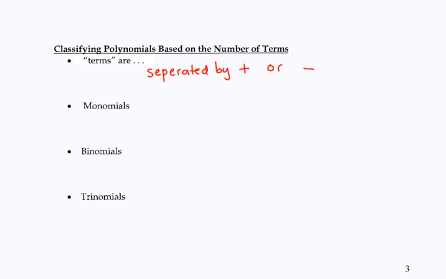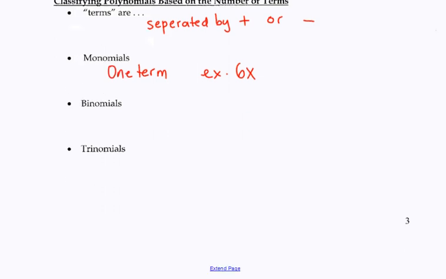That will tell you how many terms something has. So a monomial, how many terms is a monomial? One term. Mono means one. Give me an example of a monomial. 6x or 6y. Yeah.